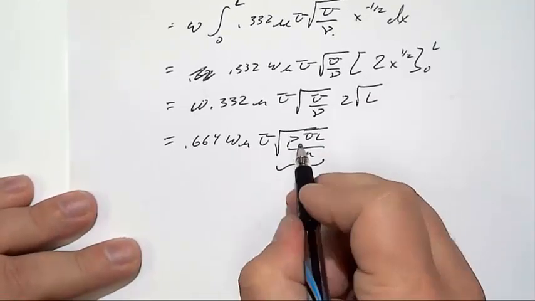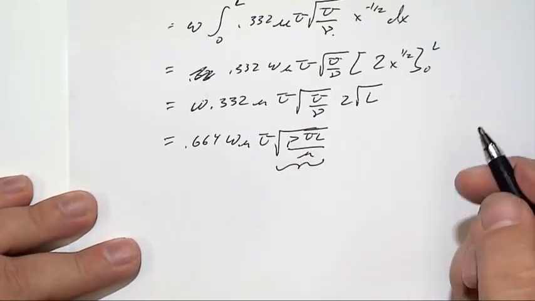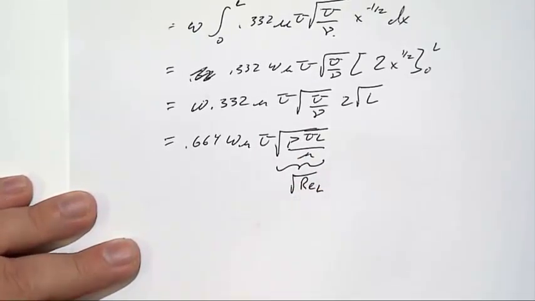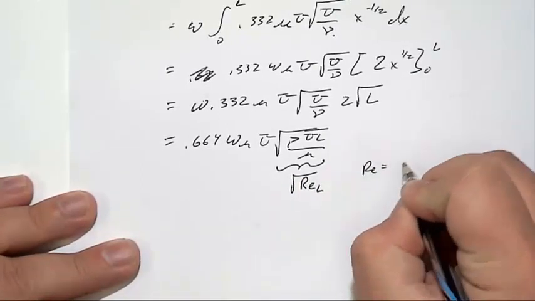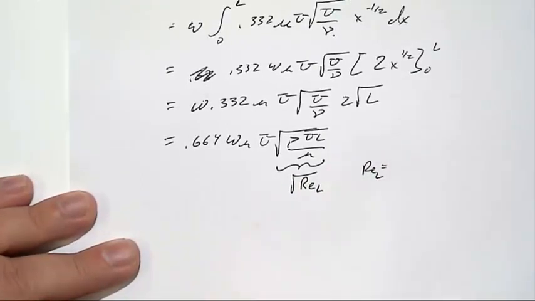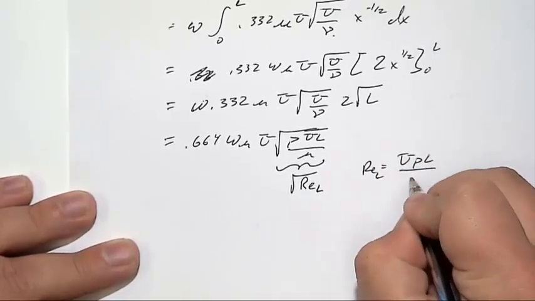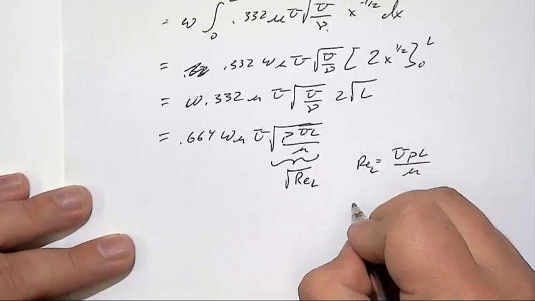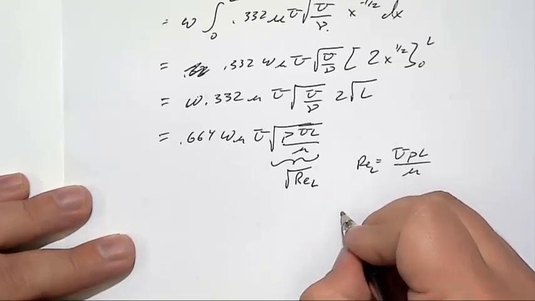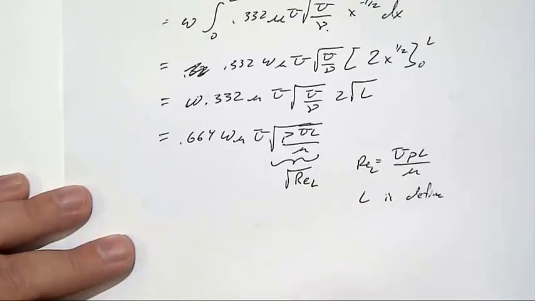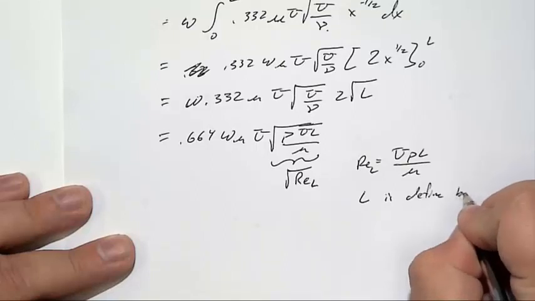So looking at this term, does this look familiar? It looks kind of like a Reynolds number here. So I write this as square root of Reynolds number with length, where Reynolds number subscript L is velocity times density times length over my viscosity, where L is defined by the length of the plate.